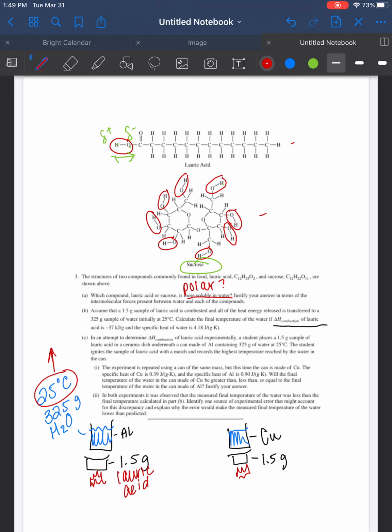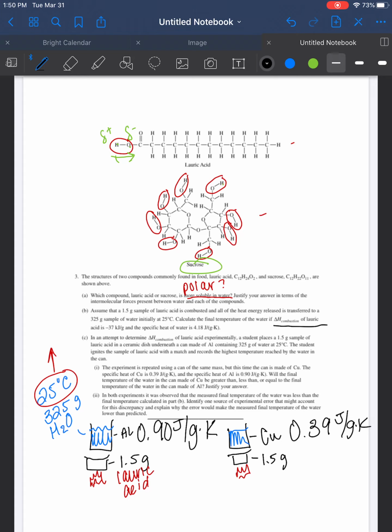So the temperature of the water is going to increase. The specific heat of copper is 0.39 joules per gram Kelvin. And the specific heat of aluminum is 0.90 joules per gram Kelvin.